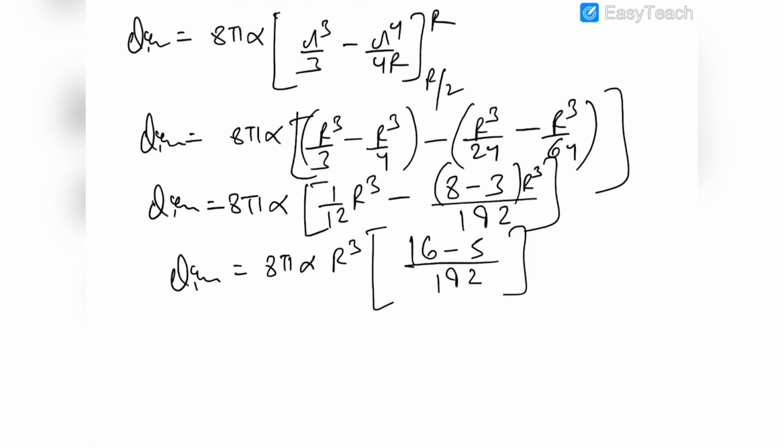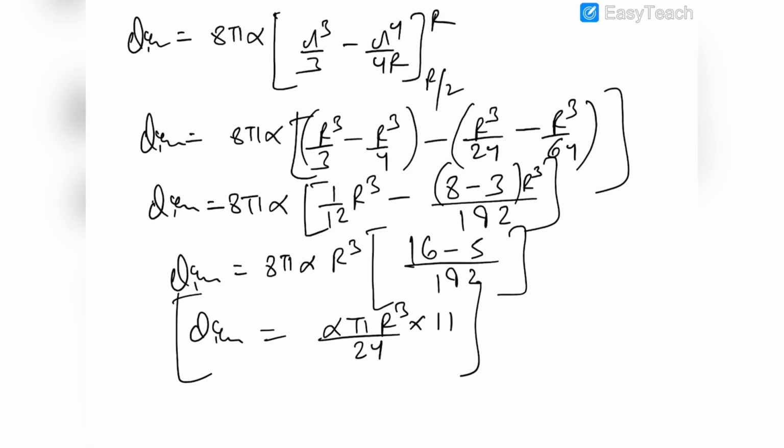So 16 minus 5 is 11, and this is alpha into pi into R cube divided by 24, as 192 by 8 is 24. This is Q inside in this region.